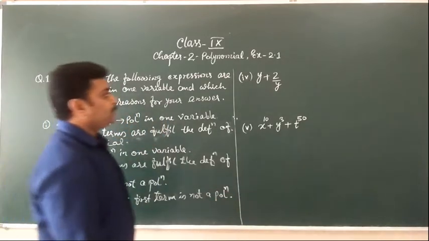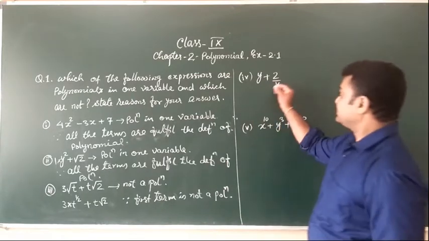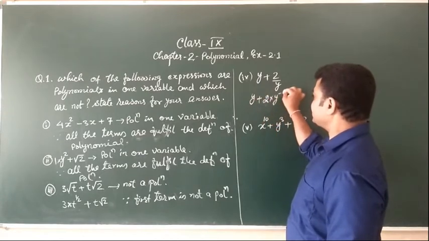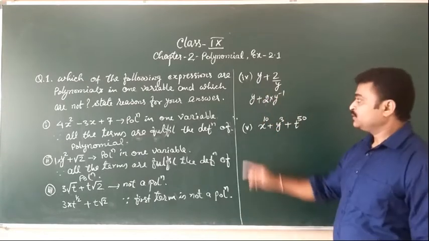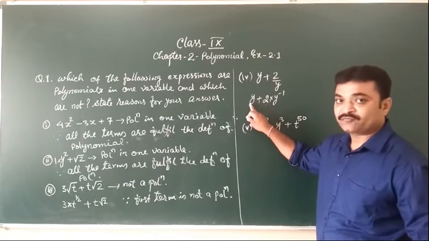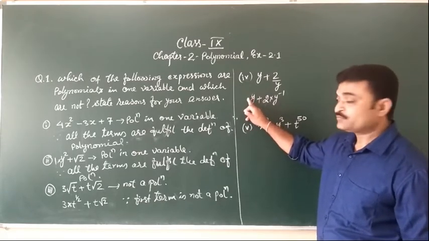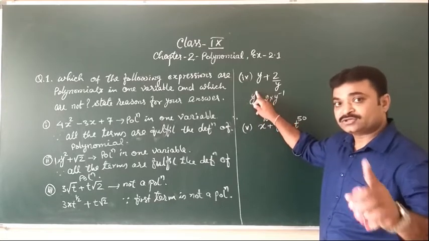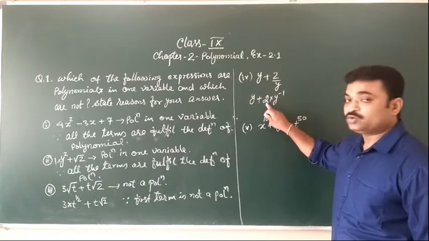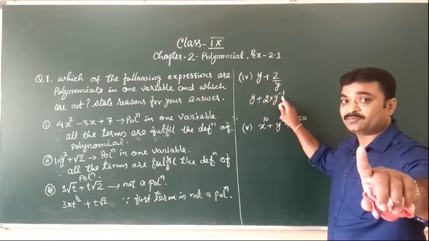Got it? In this question, y plus 2 upon y. Again, this can be written as y plus 2 into y to the power minus 1. The first term is a polynomial because the coefficient is the constant 1, and the power of the variable is also 1, that is a whole number. But in the second term 2 is the constant and y is to the power minus 1, but minus 1 is not a whole number.